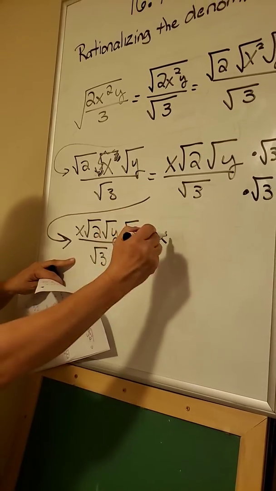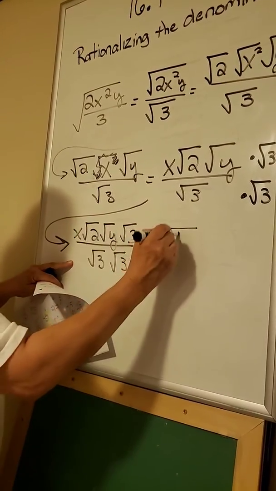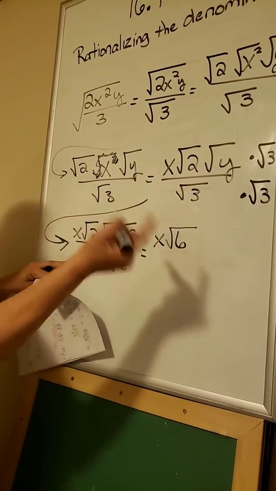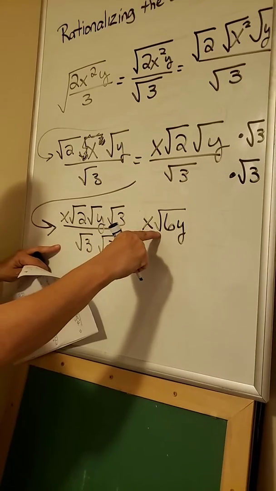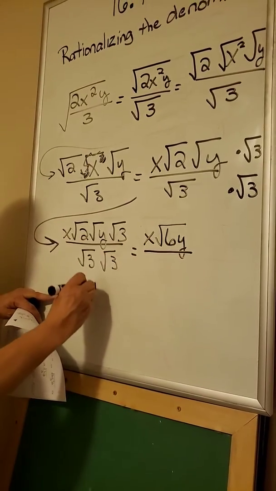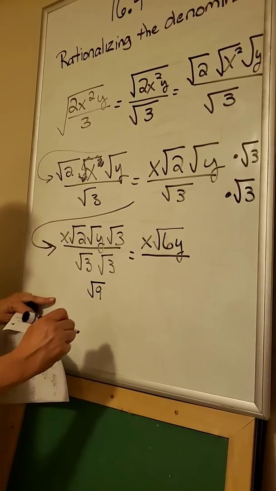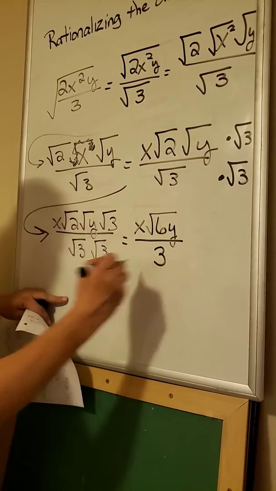I have in my radical 3 times 2, which is 6. And then I just have y, so I rewrite him. So on top, I'm going to have x radical 6y over, this is going to give me what? Radical 9. 9 is a perfect square. The square root of 9 is 3.